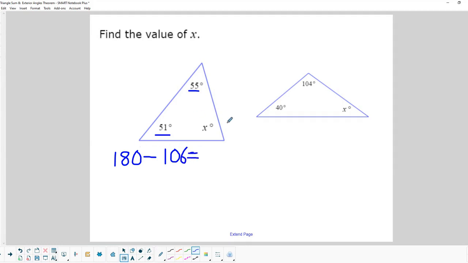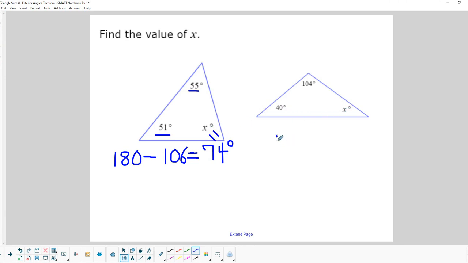So our missing angle x here would be 180 minus 106, and so that would be, well, if we add 4 to 106, that would get us up to 110, so that would be 74 degrees. So x equals 74.